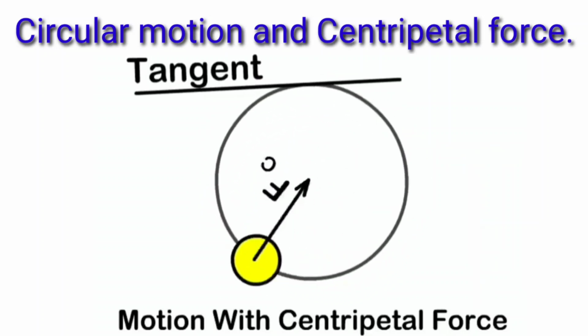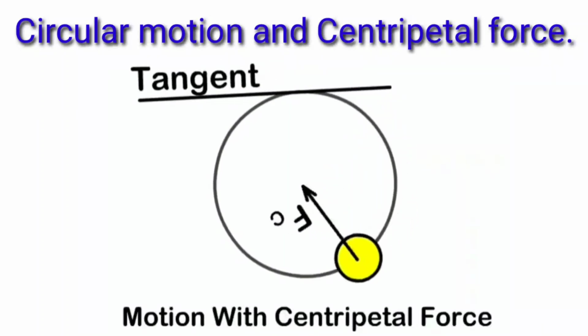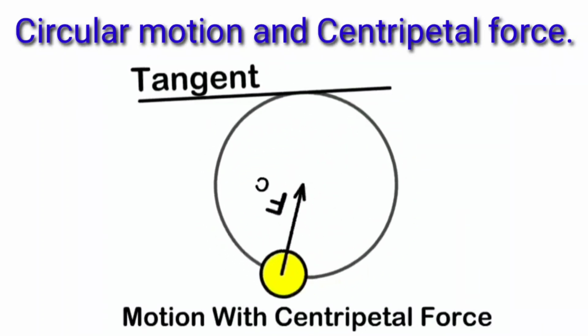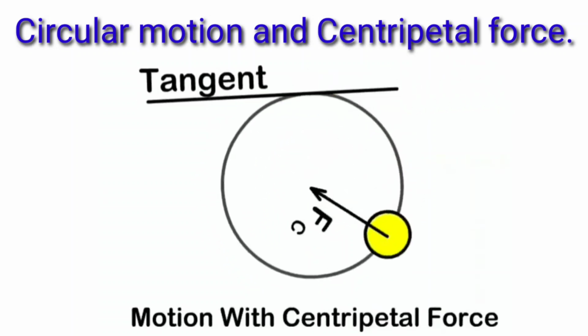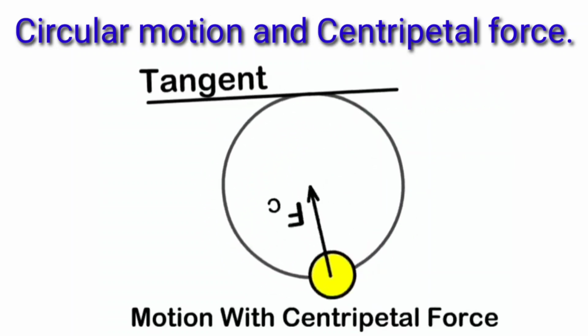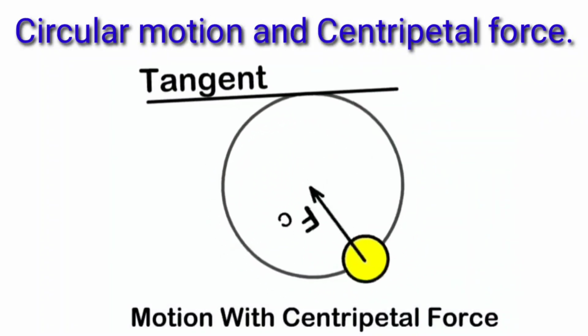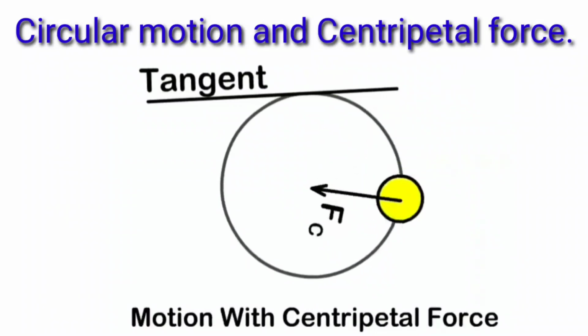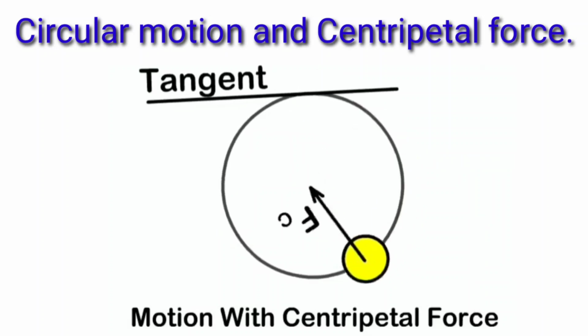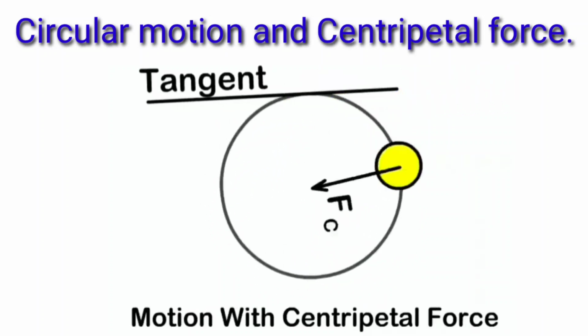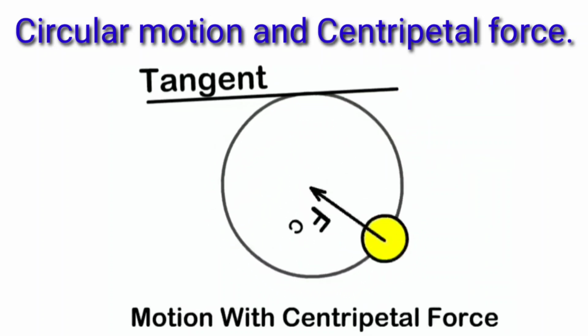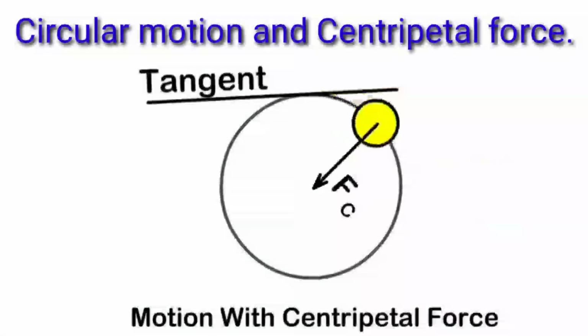In this case, the stone will fly off along a straight line, which is the tangent to the circle at the position of the stone when the string is released, because that is the direction of its velocity at that instant of time.